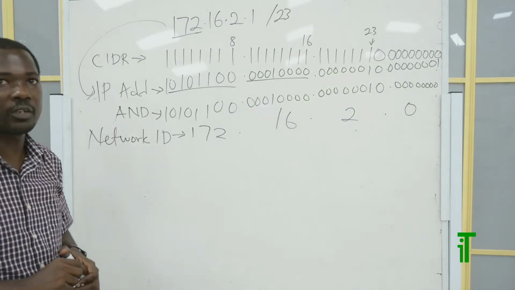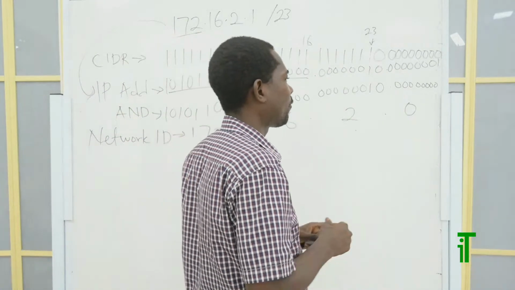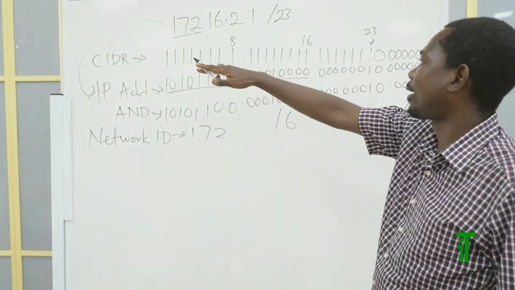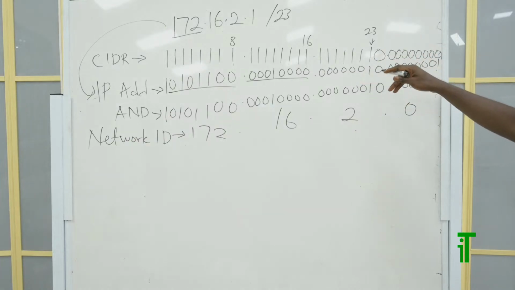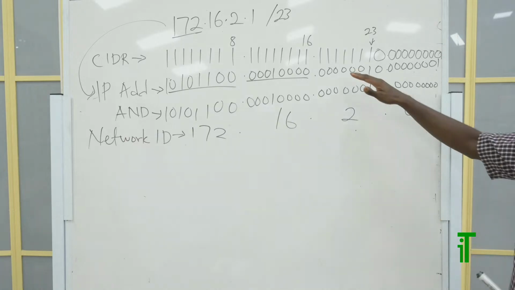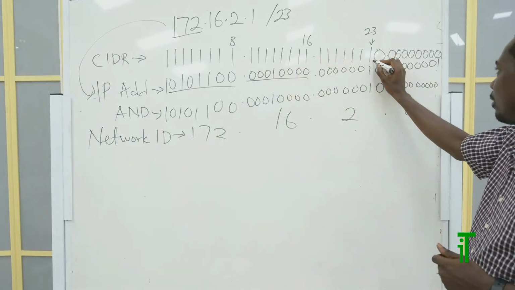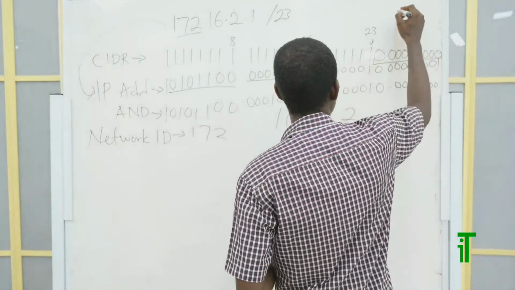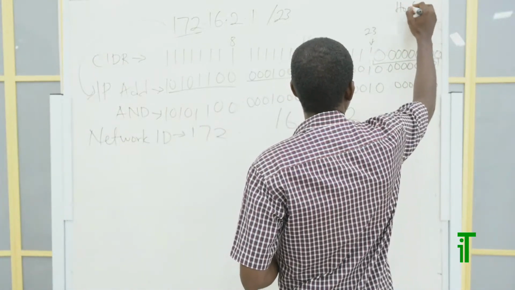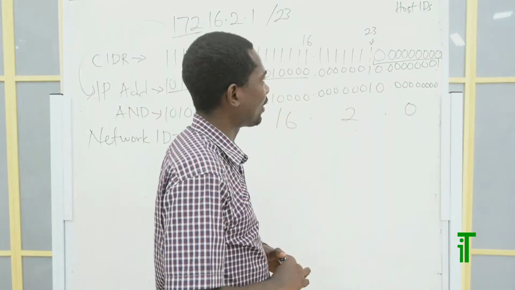Now we're going to look for the number of IP addresses that can be on this network. If you look at the CIDR notation converted to bits, after all the ones following each other, the remaining zeros show us the host ID, the IP addresses that could be assigned on the network.